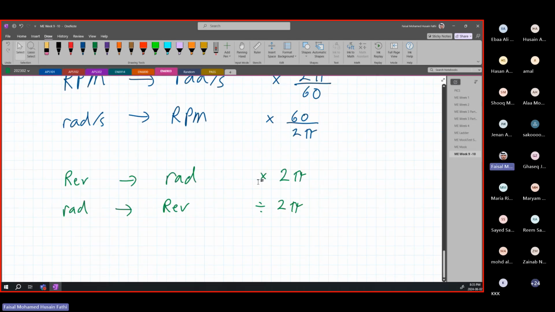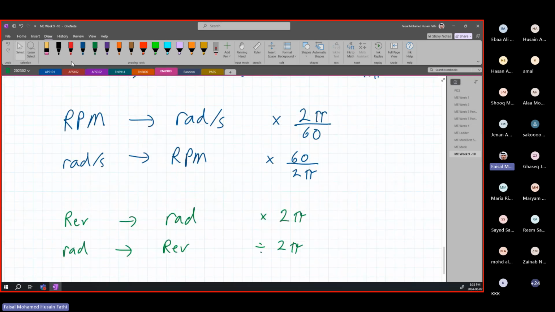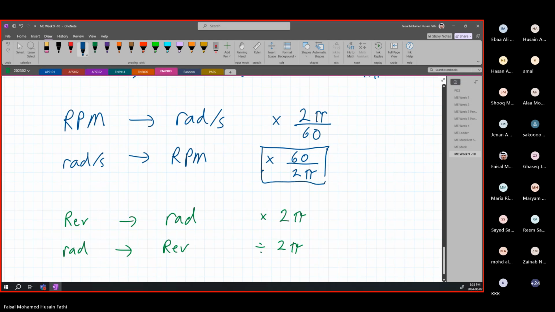We're just basically doing the opposite. So for revolutions to radians, we're multiplying; radians to revolutions, we're dividing. If it's easier for you, you can either have it in this form, or you can say dividing by 2 pi over 60. Whichever is easier for you to understand or memorize.